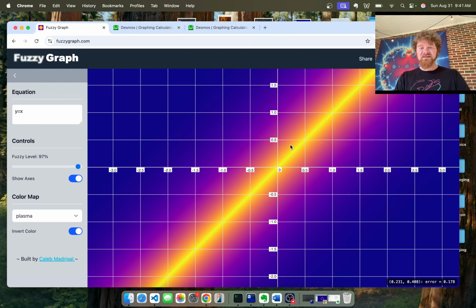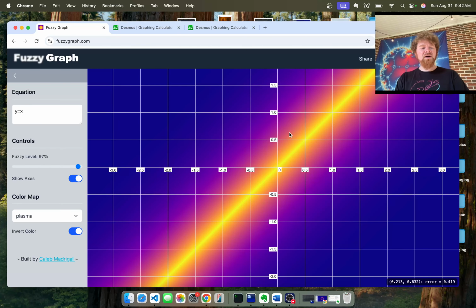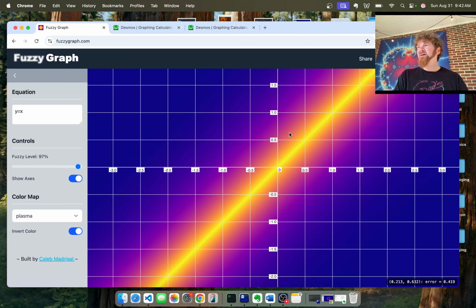And really, in some ways, FuzzyGraph is giving more of the mathematical topology than you would see in a normal graph. And so, I think a fair question might be, well, is it like a blur effect, or like a Gaussian blur? And the answer is no there again.